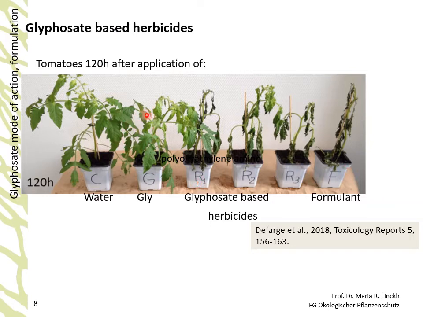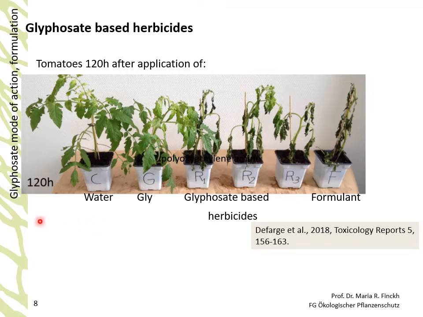And what you see is that after 120 hours, which is 5 days after application, the tomatoes are not yet dead. This is normal because glyphosate takes 5 to 10 days to kill the plants. However, if glyphosate is formulated, it is much faster, as you can see, and even the formulant alone seems to be more toxic than glyphosate.